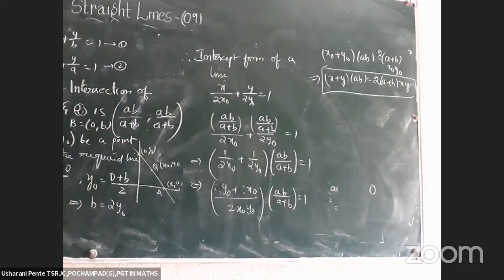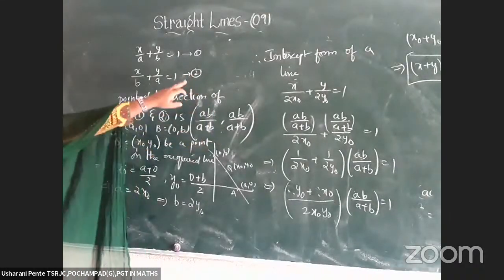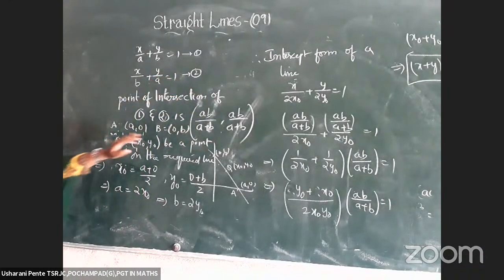They have given two lines and they are asking us for the line through the midpoint. We need to find the equation of the line to that point. Therefore, we are finding the point of intersection of these two lines, as we have done already. We are writing that AB by A plus B is the point of intersection of these two lines, and Q is the midpoint.